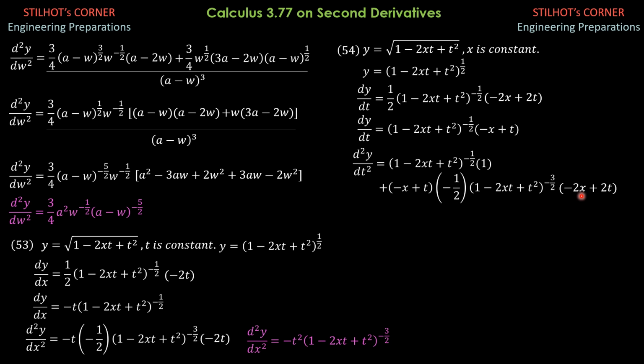So if we factor out negative 2, we cancel this, so this becomes 1, and we have x minus t because we factored out negative 2.